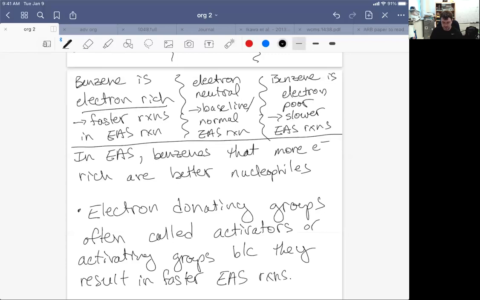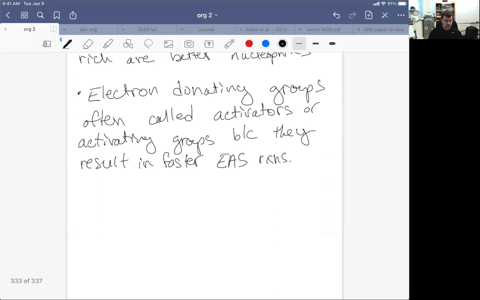Faster EAS reactions occur when we have electron donating groups attached to our benzene. And what this results in is sometimes you don't need a catalyst, which is what we saw in the case of toluene, which had just a mild electron donating group in the methyl group, and that was sufficient to cause an overreaction to occur with a catalyst and a normal reaction to occur without a catalyst.